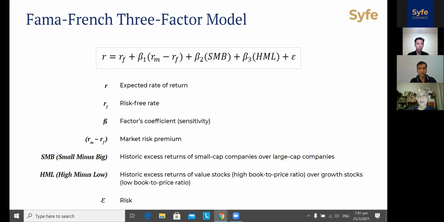So you get this risk premium for being a small stock, because being a small stock you actually have more risk, and therefore you should be compensated more for owning small stocks, okay? And then the third is value stocks, where high minus low is actually high book to price minus low book to price.